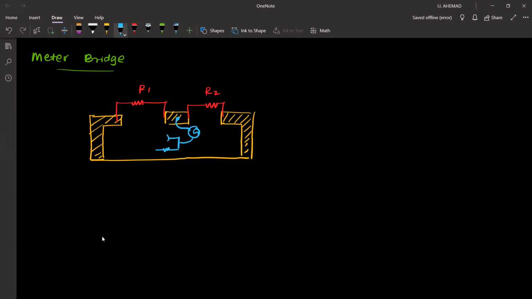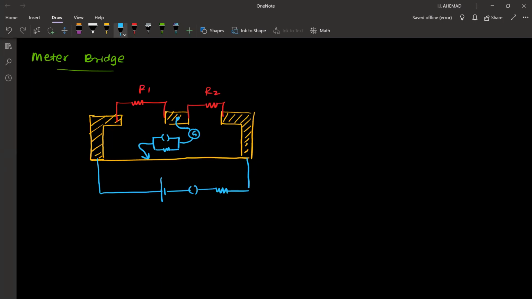And here we have a sliding key. This is a center zero galvanometer, and a sliding key. And here, now we have a cell.